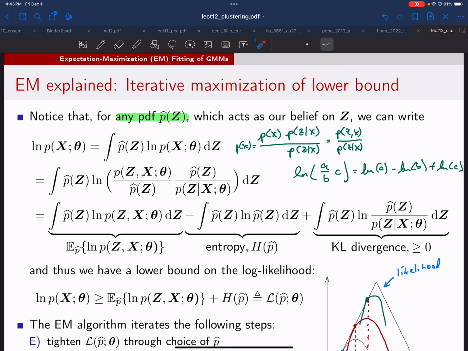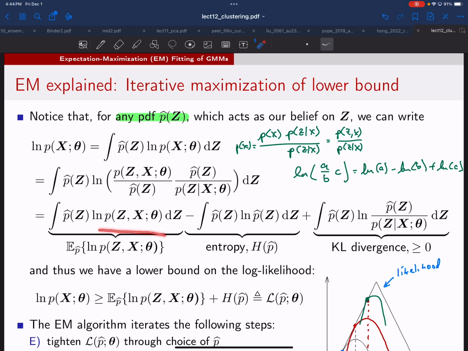And so for a, I'm using this. So we have log of a. For b, I'm using this. So we have minus log of b. And then for c, I'm using this. Okay.